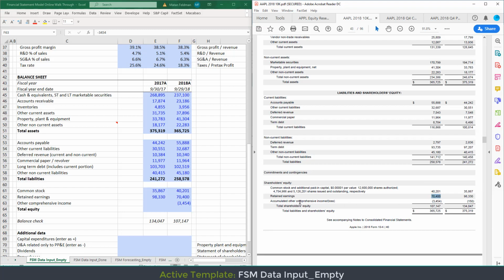Well, accumulated other comprehensive income is the same thing for income and expenses that don't hit the income statement. Those income and expenses that don't hit the income statement under GAAP are usually things like losses or income from changes in the company's currency translations, right?